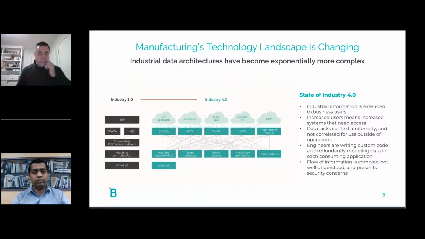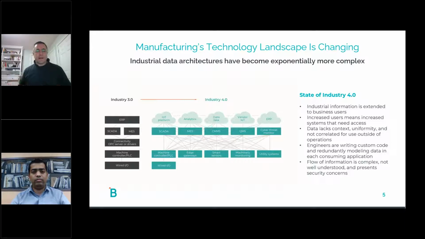In doing that, they found that they also have to collect more data. So we're seeing the advent of edge gateways and smart sensors on the factory floor to collect more data. And then all of those users that I talked about, those business users, they all have their own systems. So it's not just about getting data into the SCADA and MES to execute the process. Now it's about getting data into other systems like a CMMS system or a quality management system or an ERP system.